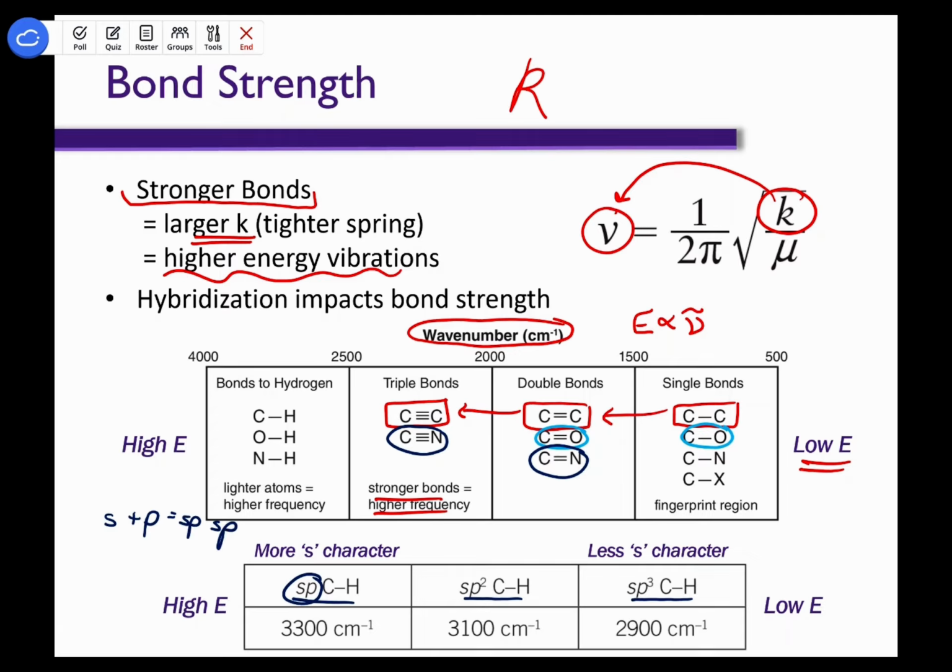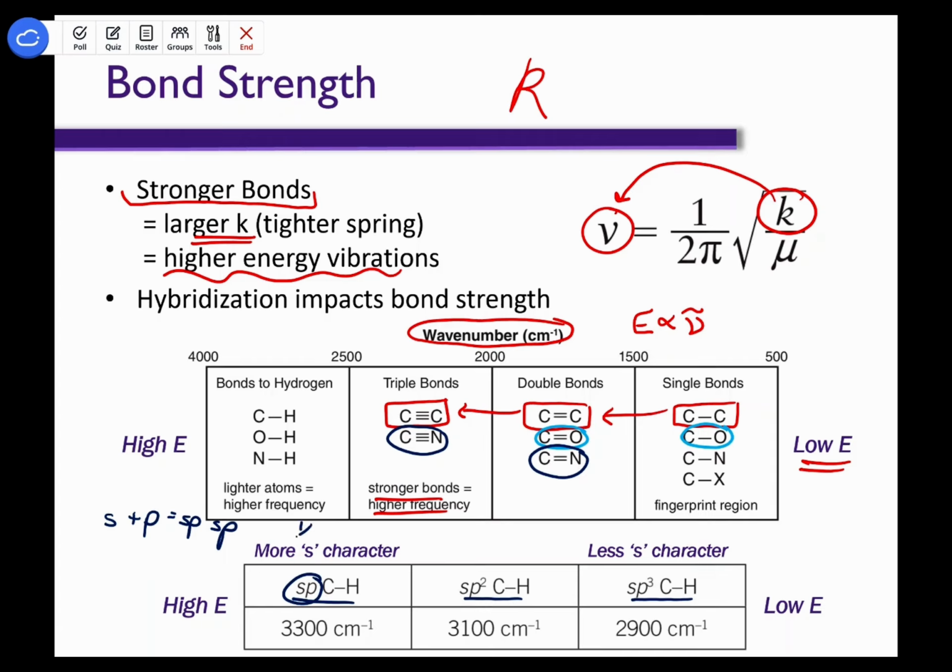One way of thinking about that is that for an sp orbital, half of it came from s, which is spherical, half of it came from p. So an sp orbital is like half s character, round, close, half p character, dumbbell, and farther away from the atom.